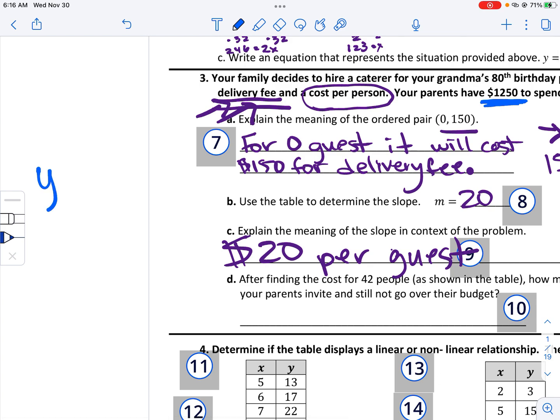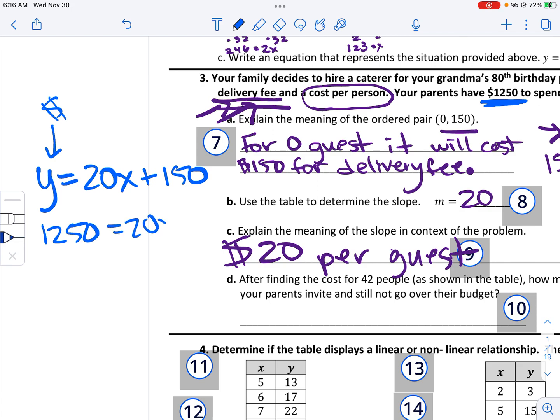Our equation is y equals, it goes up by 20 per guest, and we have a delivery fee of $150. This is the total cost. That's the moolah. So I'm going to replace that with the $1,250. And I'm going to solve.